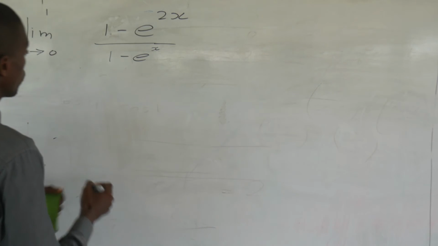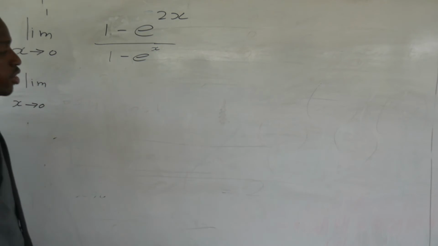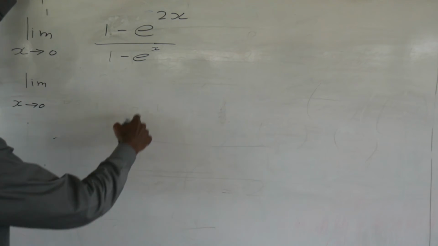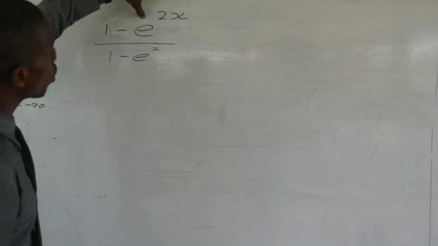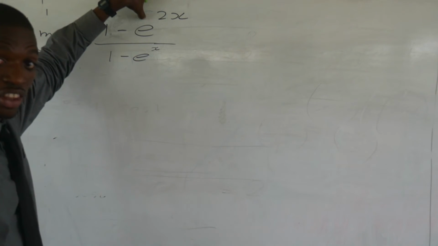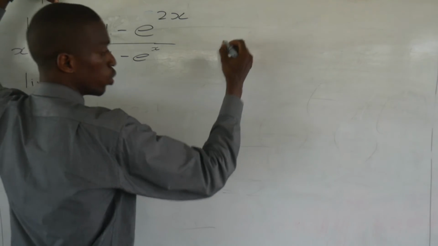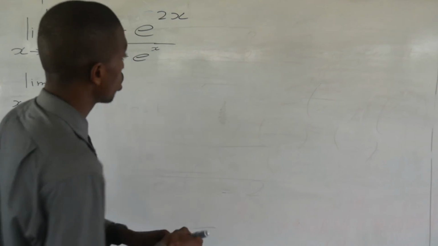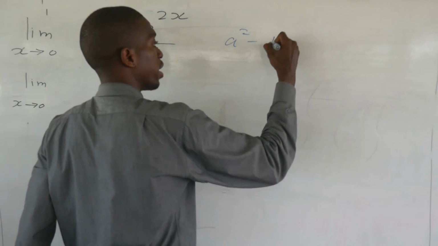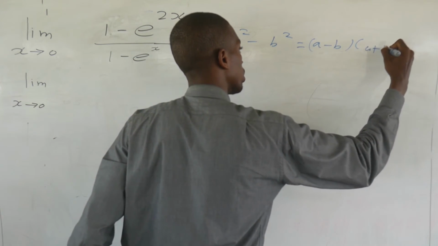So we could put this perfect square in expanded form. So you know perfect squares, a squared minus b squared is equal to a minus b multiplied by a plus b.